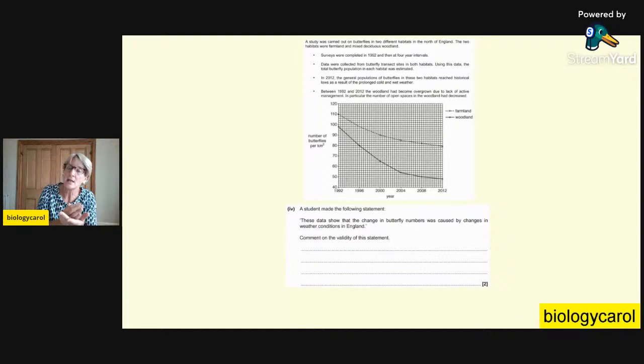So here, weather conditions in England, well, this happened in the north of England. Is the weather in the north of England the same across the whole of England? No, it's not. And here's another really good word to use.